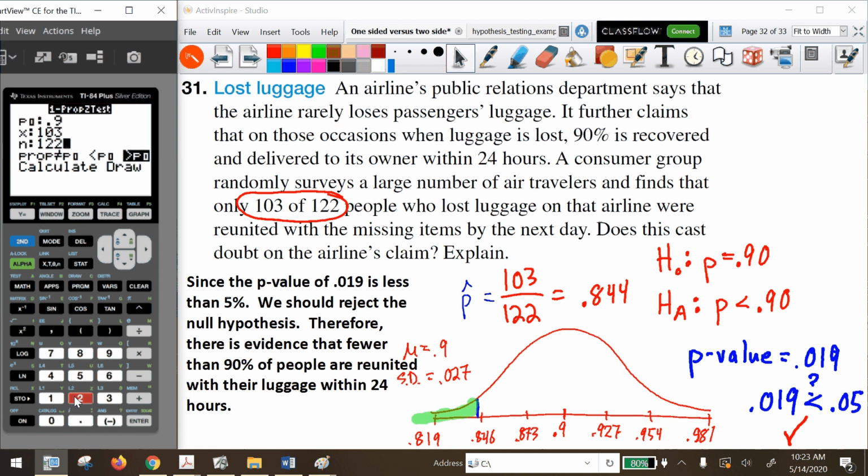And then you have to say which side your alternative is going. Our alternative is a left-sided alternative since it says p is less than 90%. Then go to calculate, and you'll see the same p-value here.